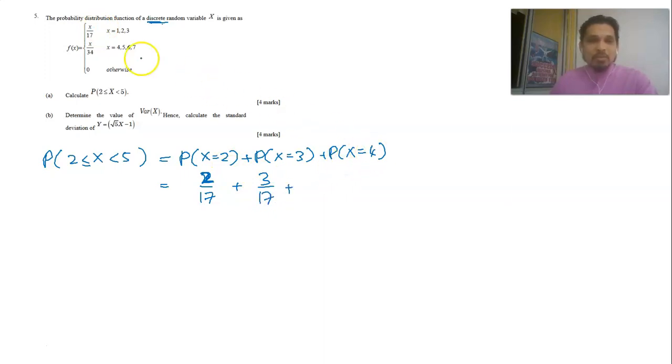And when x equal to 4, it is x over 34. So we turn all the denominators from 17 into 34. 17 times 2 equal to 34, so 2 times 2 equal to 4. 17 times 2 equal to 34, so 3 times 2 equal to 6. 4 plus 6 equal to 10, plus 4 equal to 14 over 34.